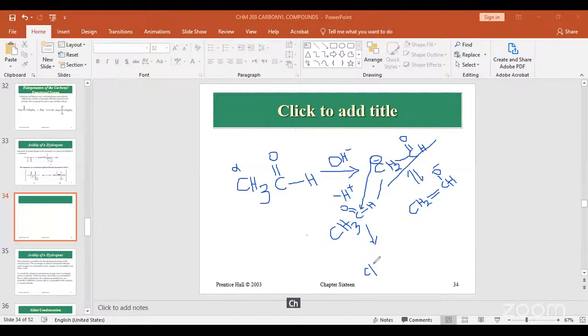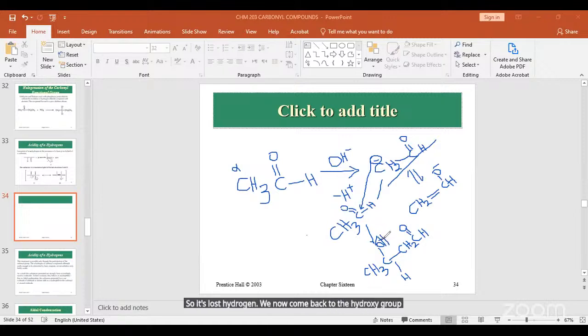CH3, this becomes O minus, and that becomes the H. And you have the CH2, and you have the C double bond O, and you have the H. Now, the lost hydrogen will come back to the hydroxyl group to give an alcohol.